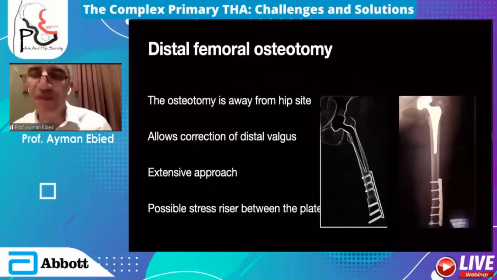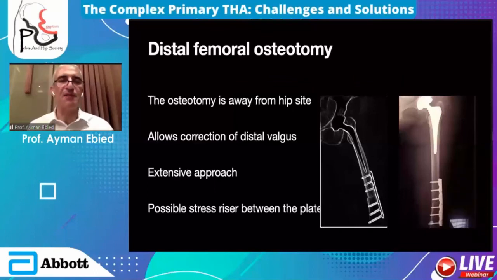There is finally the technique of the distal femoral osteotomy, and perhaps it is a good idea to go away from the stem bend by performing an osteotomy distally in the supracondylar area. It allows you to correct a valgus deformity, as was shown in Professor Ganzouri's presentation.